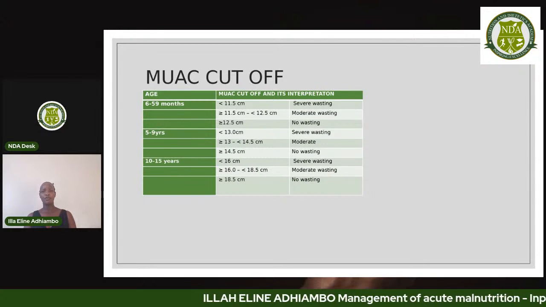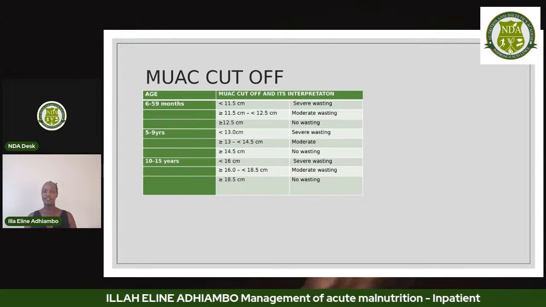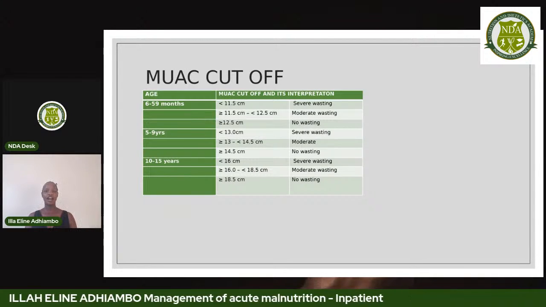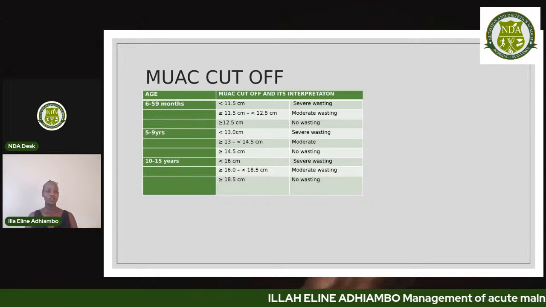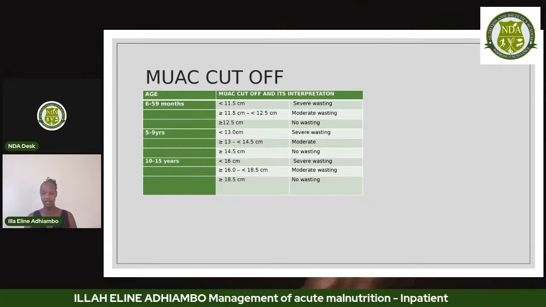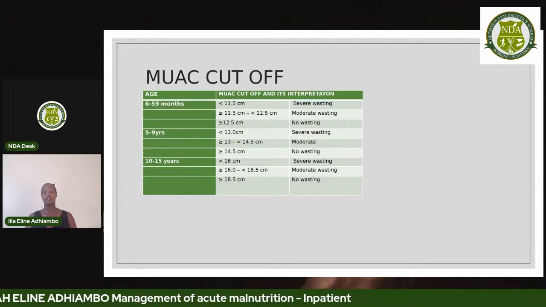at which level this child is. So for the MUAC cutoff, for different ages, we have classification in terms of severe wasting, moderate wasting, or no wasting. For a child between the age of 6 to 59 months, a mark of less than 11.5 means that there's severe wasting.